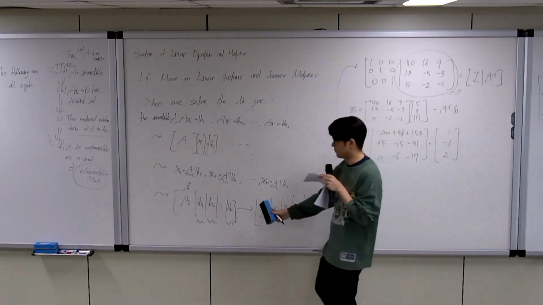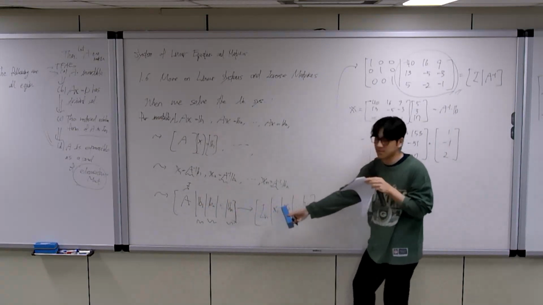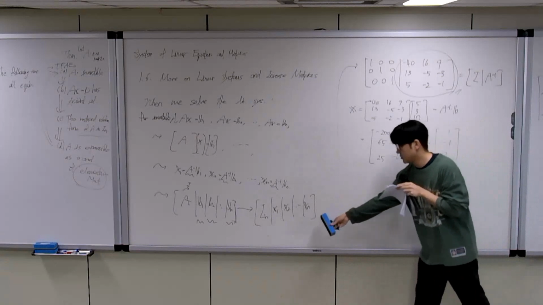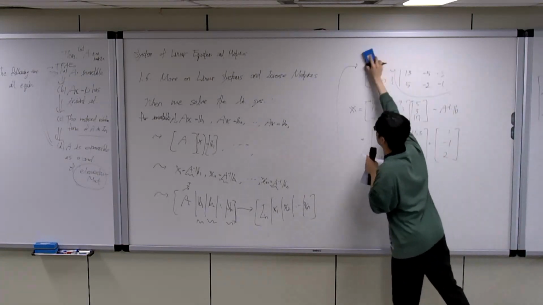If your equation has the identity on the right side, then it will be the inverse matrix of A.